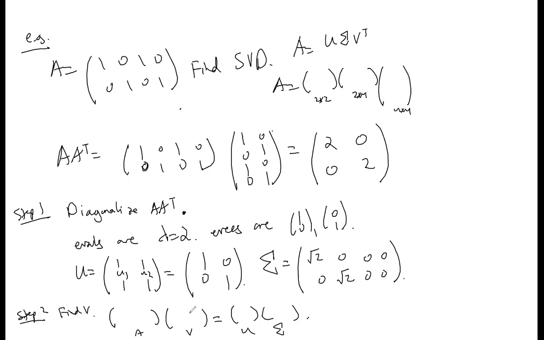So, oh, we don't even need to solve this. What we need to solve is, instead of multiplying by V, we can solve U transpose A equals sigma V transpose.